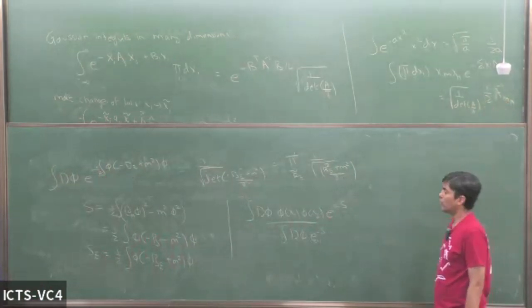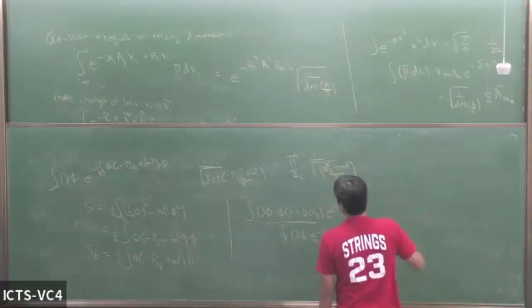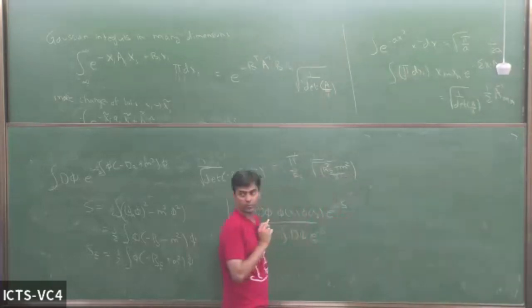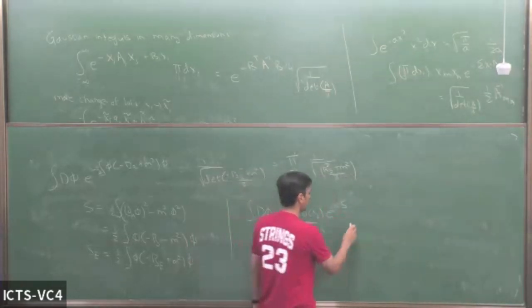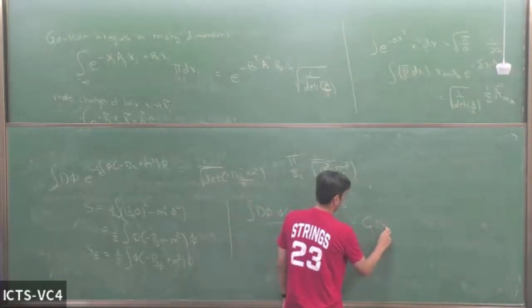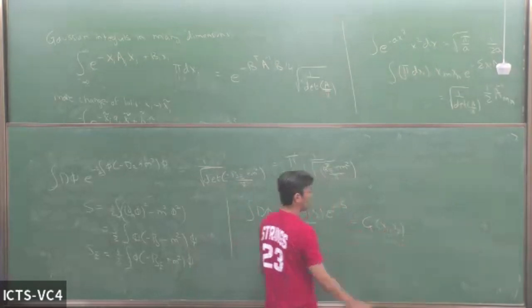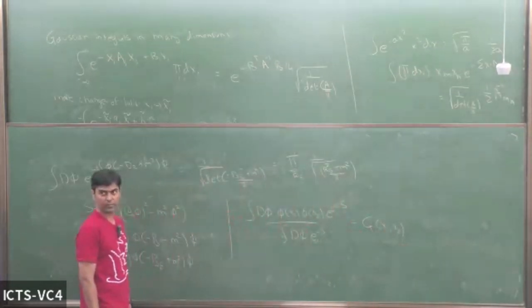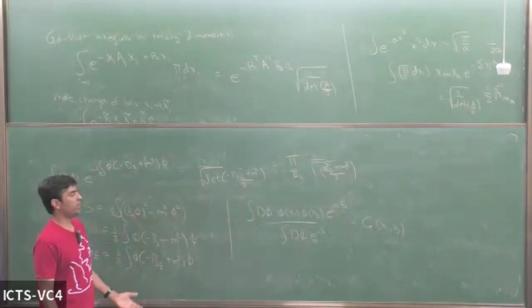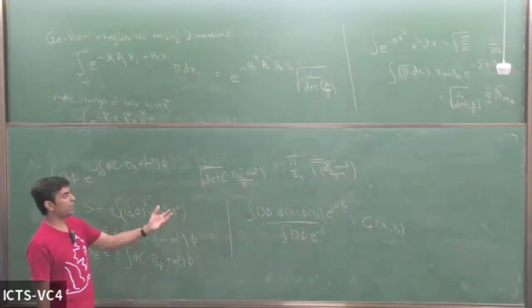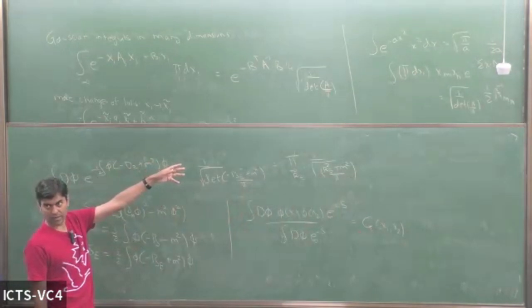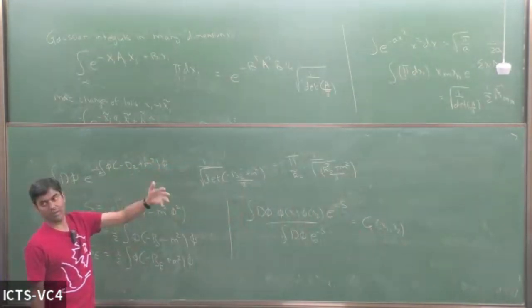Right? So what will you get? Here m and n are these points x1 and x2. So this is equal to G of x1, x2, where G of x1, x2 is that quantity which, when multiplied with the matrix A, gives you the identity.